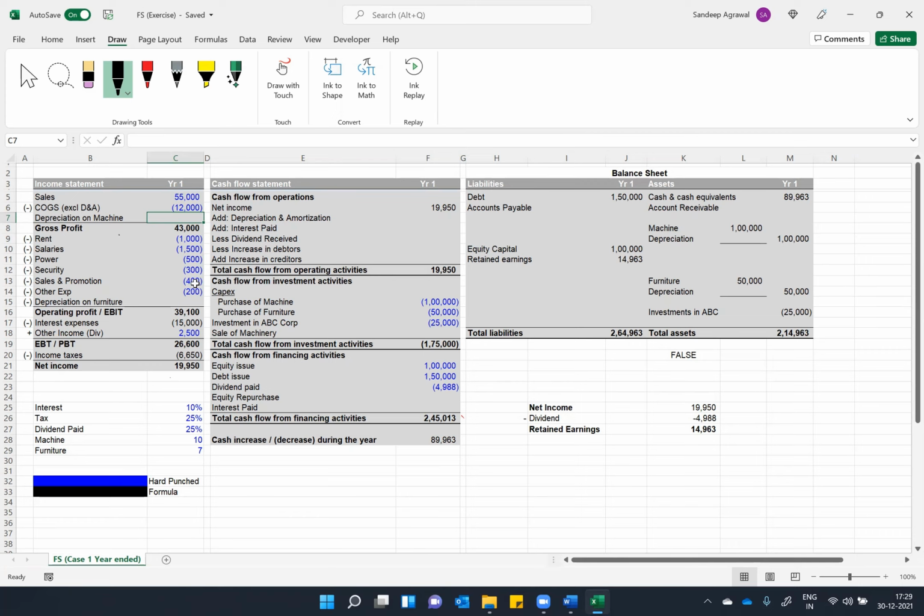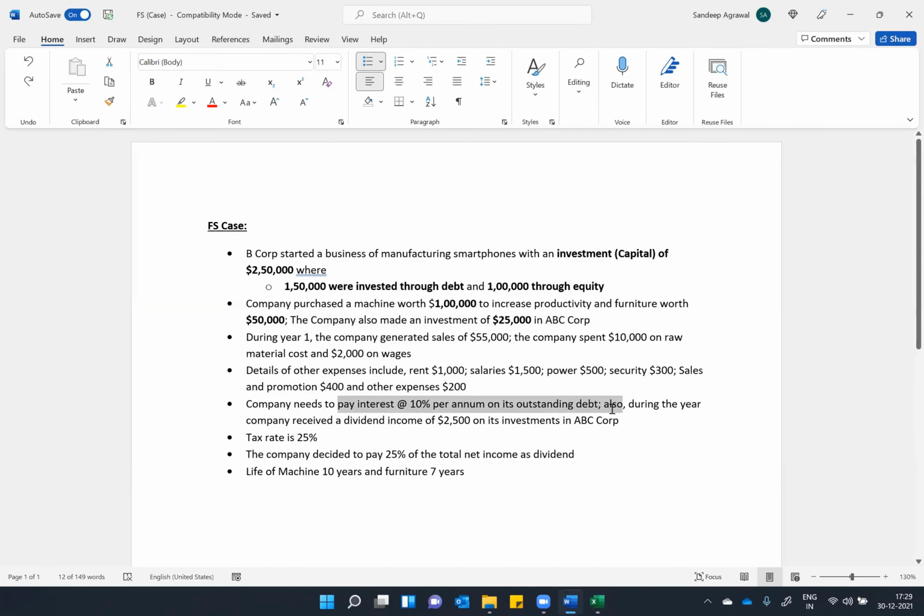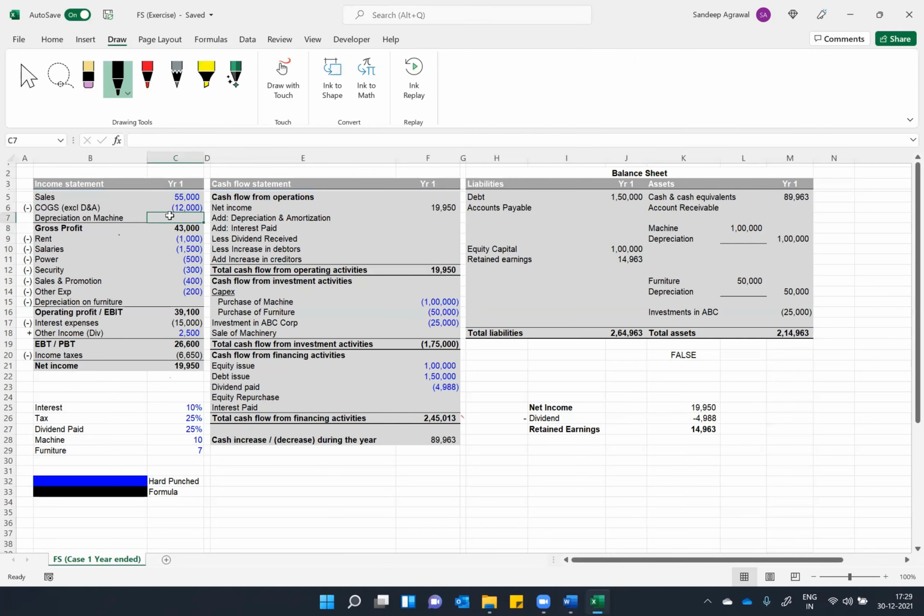Depreciation on machine. So we have had a depreciation on machine which is 10 years, and what is the total machine value, which is 1 lakh. So we'll select this, divide by machine, and it should be a negative number, and depreciation of furniture will come here.